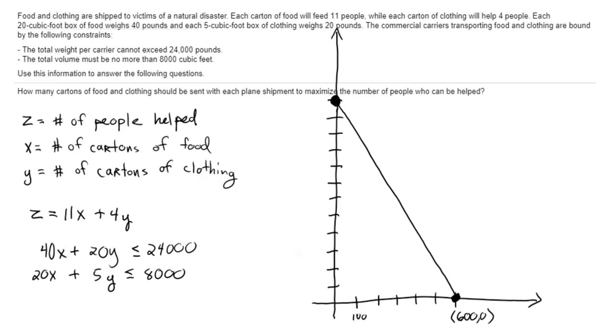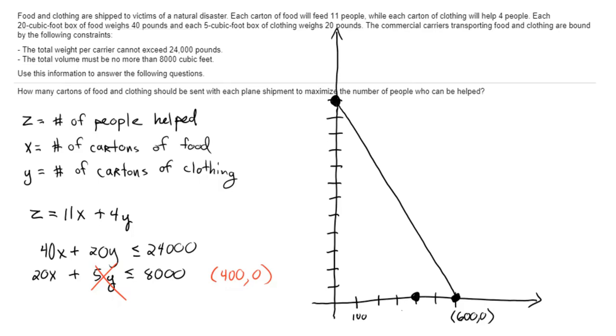So again, I'll just find my x and y intercepts. To find my x-intercept on this constraint equation, I'll zero out the y term and then divide by 20. That's going to give me a 400. So my x-intercept is 400, 0. So I've already got my hash marks, 1, 2, 3, 4. That's right there.